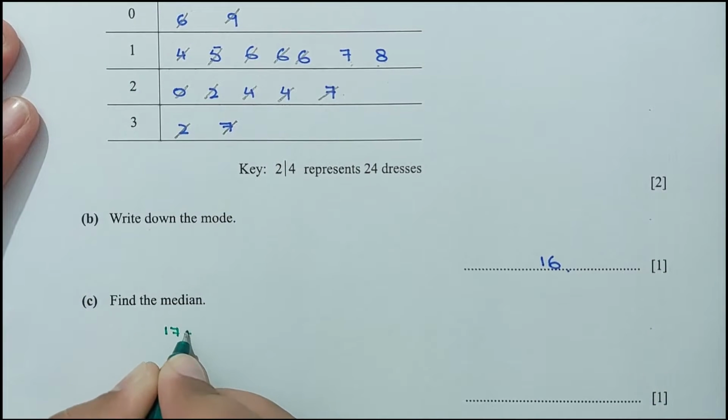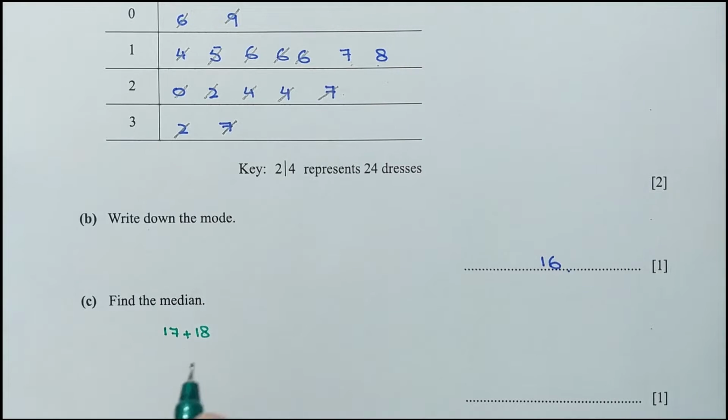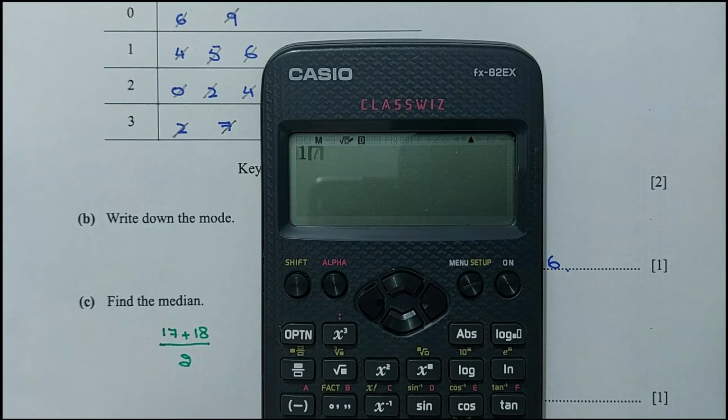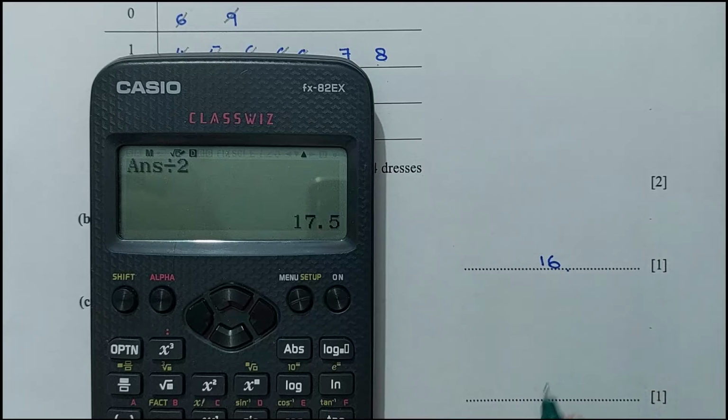We add 17 plus 18 and divide by 2. That is 17.5, the median of the data.